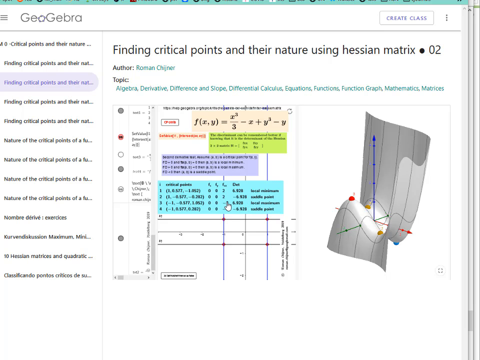Top left is negative, whole determinant is positive, so it's a local maximum. And the final point is that this is negative and this is negative, so it's neither negative definite nor positive definite, so it's a saddle point again. So the only ones that pass the test are this one and this one, which are a local minimum and a local maximum.